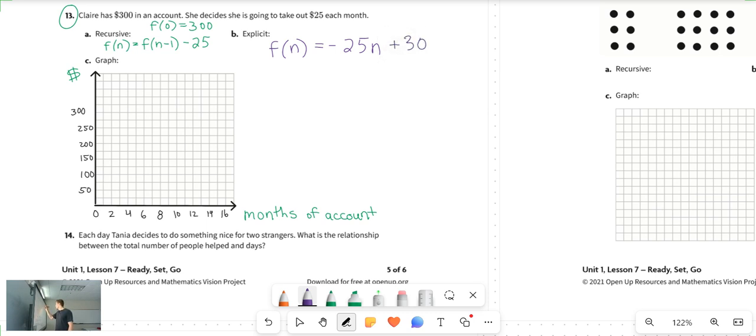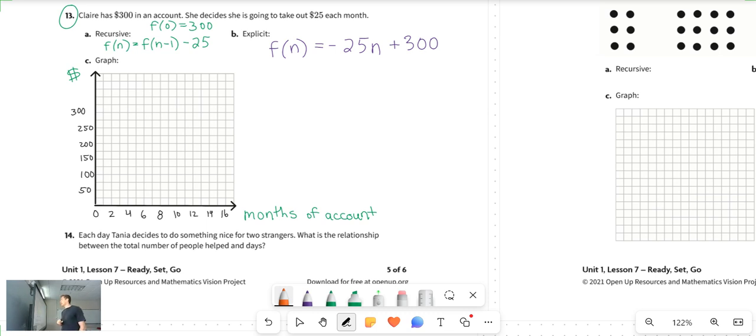And this is why I used 0 for 300, because if no months have gone by, then we should be at 300. If 1 month has gone by, then we're at 300, but we took 25 out one time. So that's why I used f of 0, or I used sort of the number of months that have gone by. When no months have gone by, that's when we have $300. So that is going to be our explicit formula.